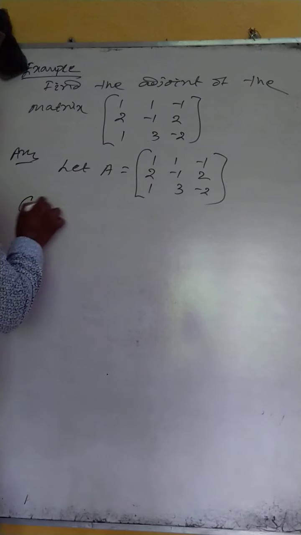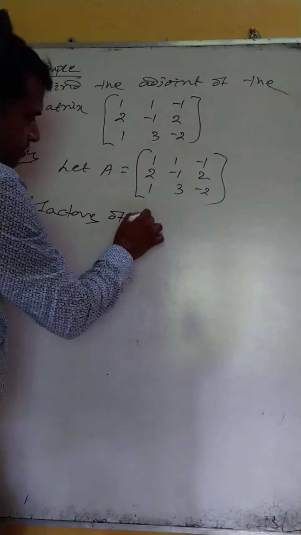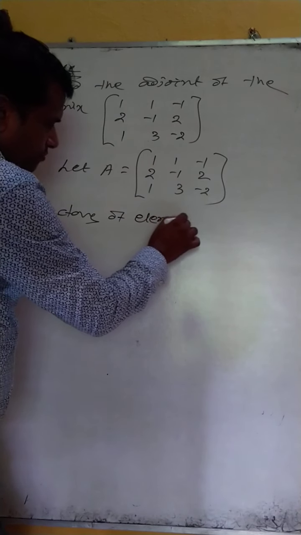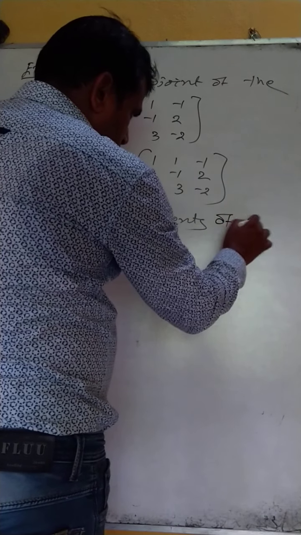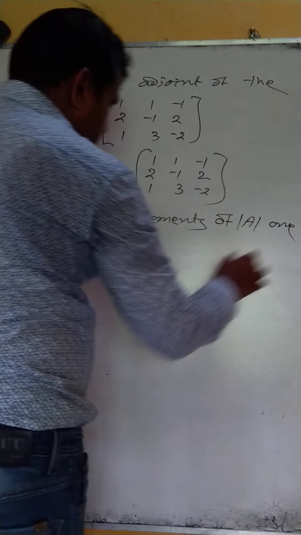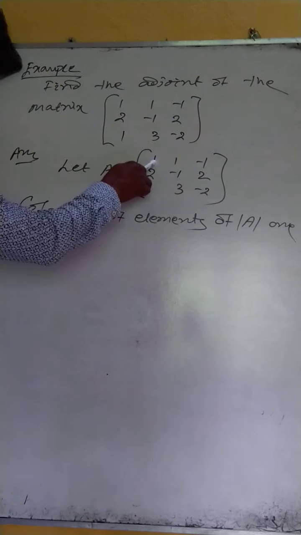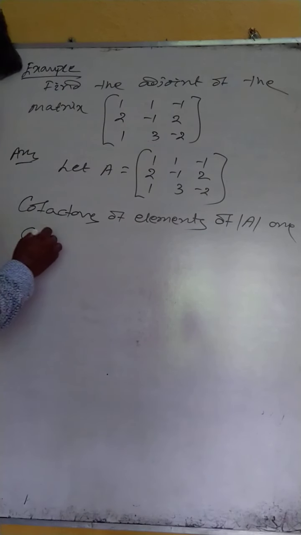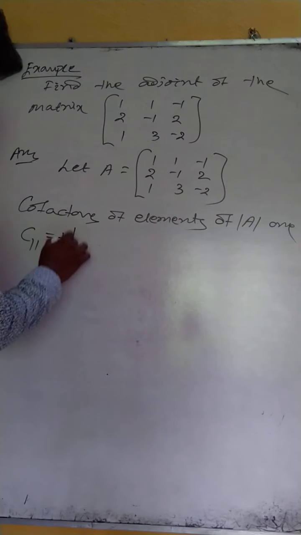Cofactors. Now we find the cofactors of elements of determinant A. We denote the cofactor of the first row first column element as C11. The shortcut version is the plus of the minor of the first row first column element.